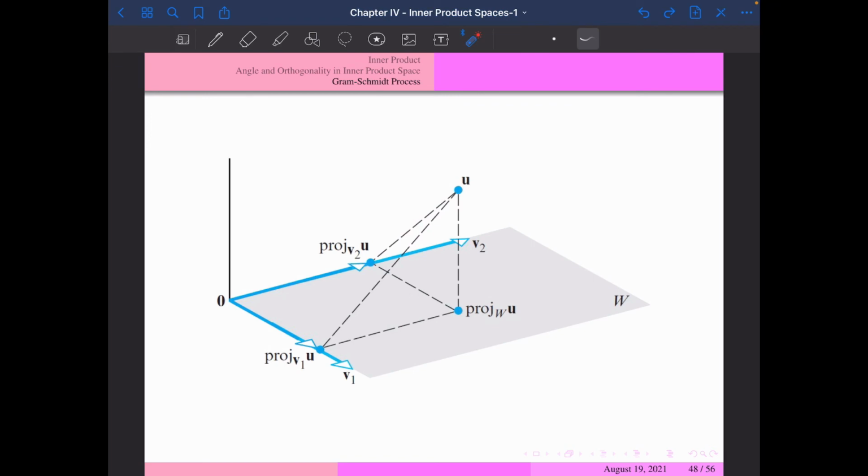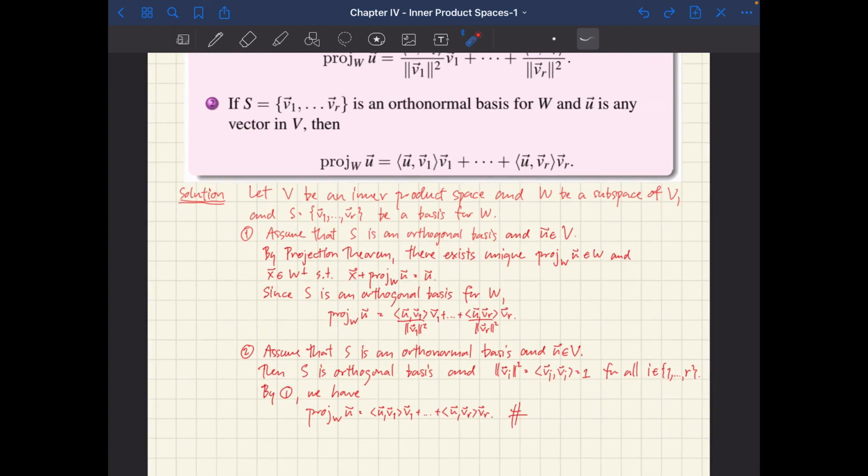Okay, so how to prove this theorem? The proof is very easy.